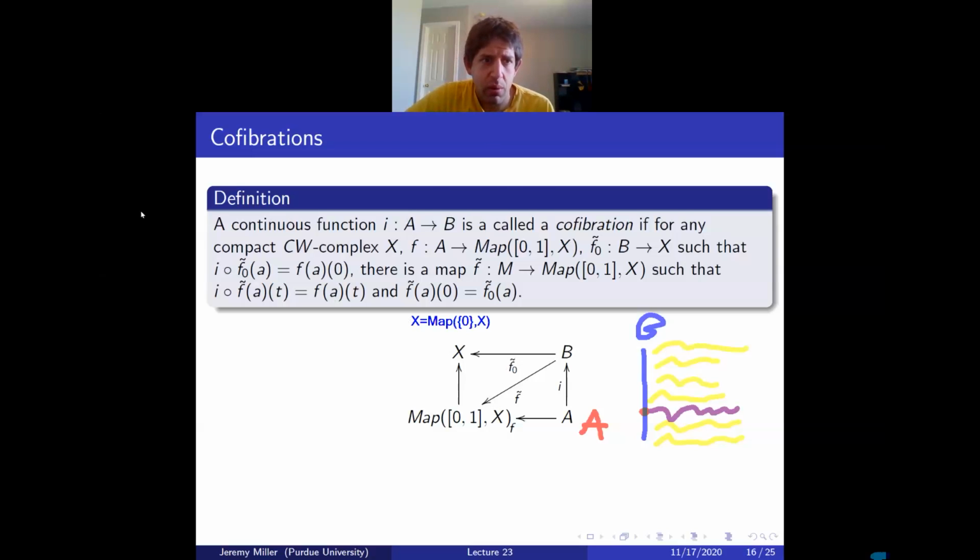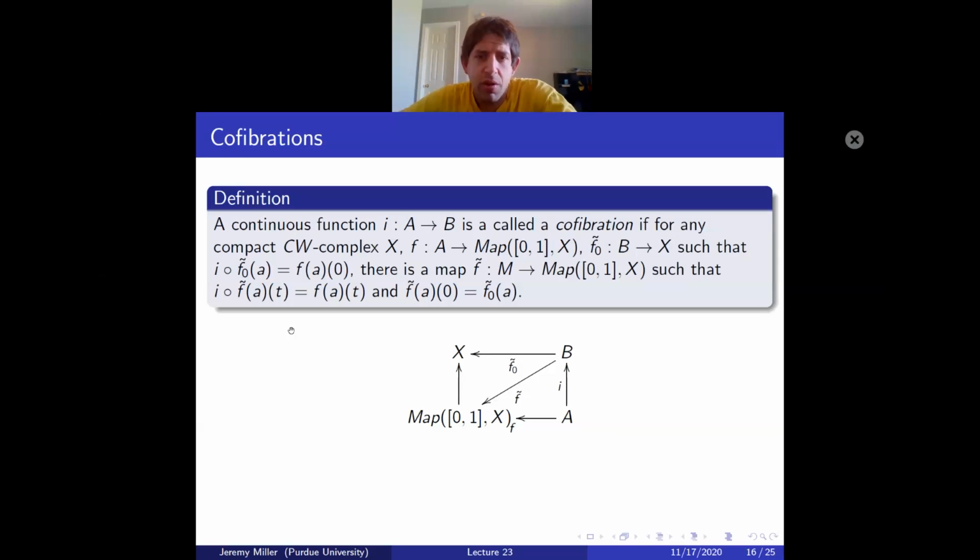Okay, so you should sort of think of fibrations, assuming the fibers are non-empty, as basically having to be surjective. This map basically has to be injective.